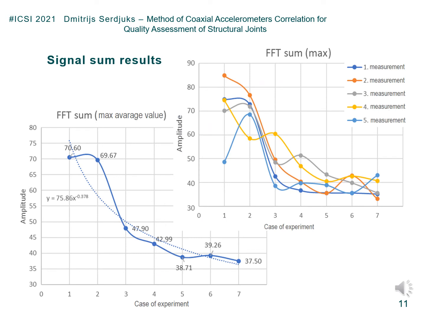The peaks analysis of the signal sum obtained for the 5 measurements for the 7 cases of the joint is shown on the figure. Average values and their approximation by the power function are shown also on the slide.